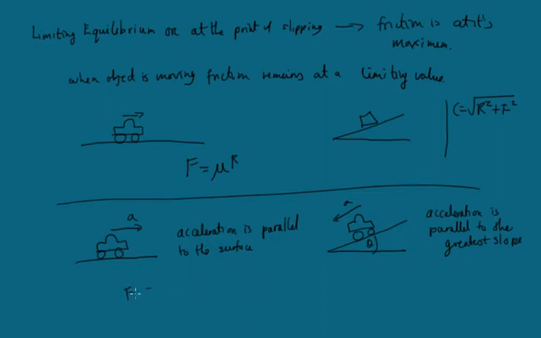Friction depends on two factors: firstly, the coefficient of friction, and R, the normal contact force. So when we're dealing with the slope, we need to work out the perpendicular and parallel elements of the force in order to find what the acceleration will be.